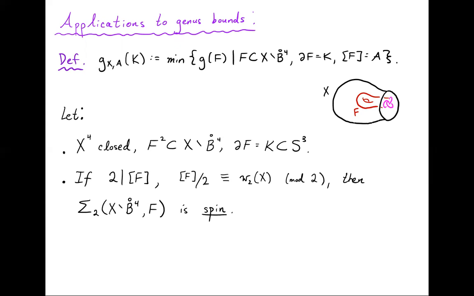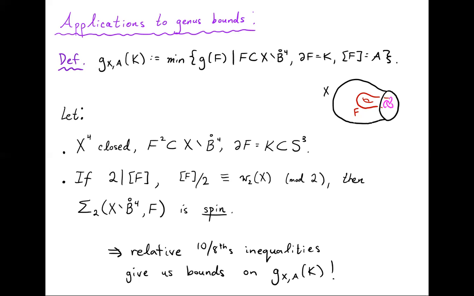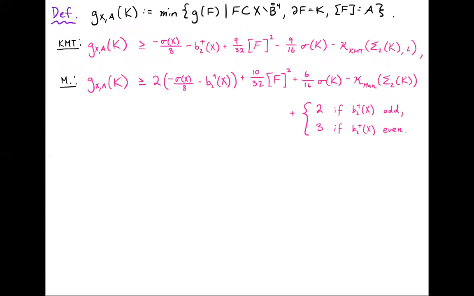All right, here's the setup. X is closed, and F is a surface inside the punctured manifold. If it satisfies certain conditions, so if the homology class of F is divisible by 2 and F divided by 2 is characteristic, then the double branched cover of this is spin, and the covering involution is a spin action. We can use our relative 10/8 inequalities to give us bounds on this genus. I'm going to throw a bunch of inequalities on the board.